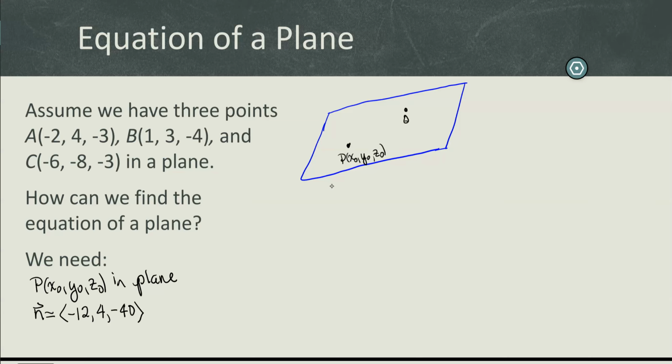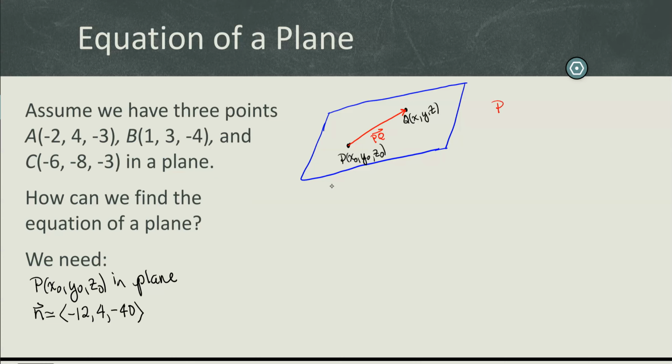For argument's sake, let's call that Q. And that point Q is representative of any point in the plane. So we're just going to give it coordinates x, y, and z, because that could be any point in the plane. And so we could create a vector in the plane called PQ.